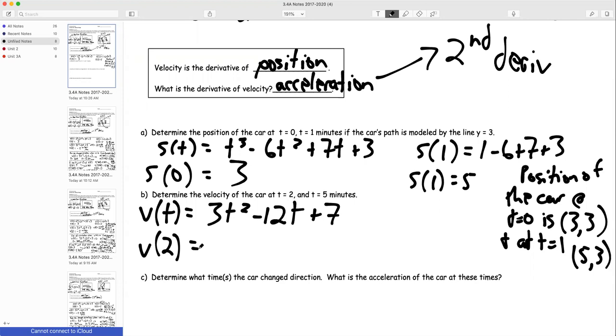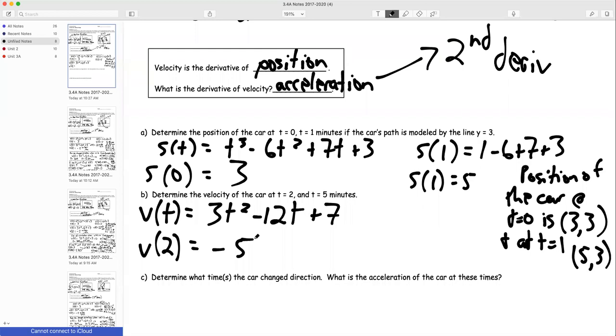So I'm going to take 2 and plug that into my velocity equation. That's going to give me 12 minus 24 plus 7, which is -5. So I'm moving in the negative direction, or to the left in this case.